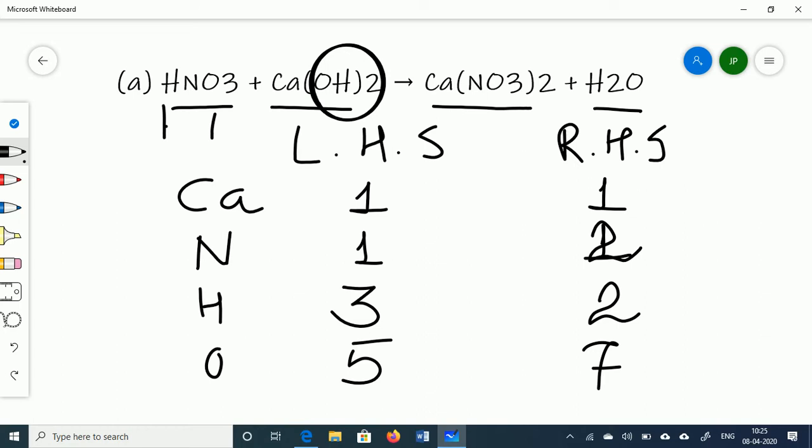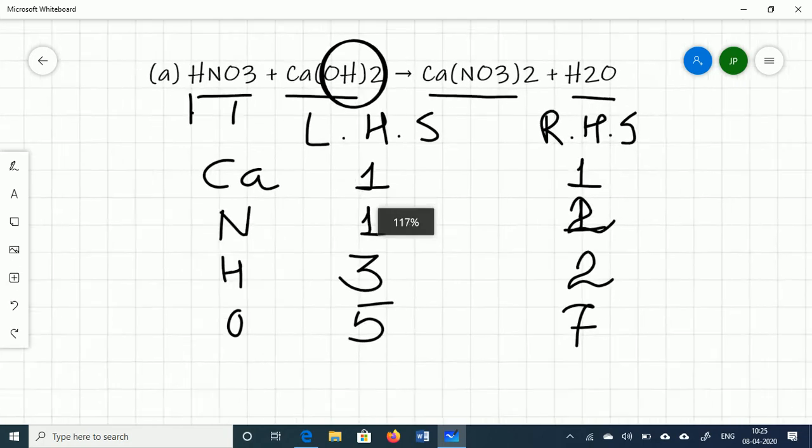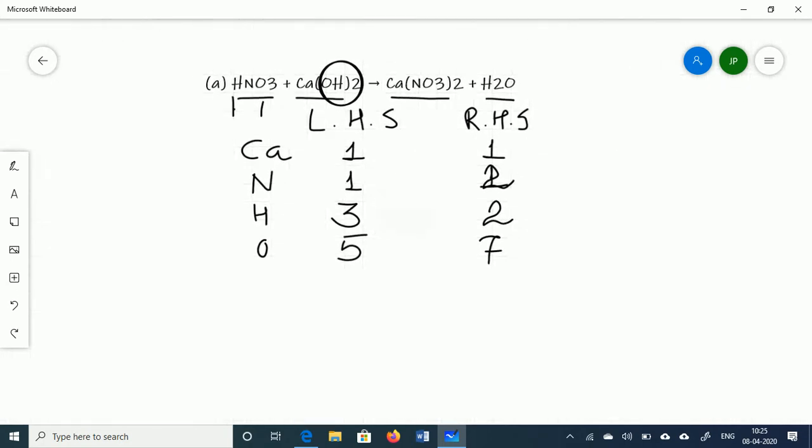Here we observe that the maximum number is of oxygen, so we should start the balancing with oxygen. For balancing the oxygen, we will check: here the number of oxygen is 5 and here it is 7.